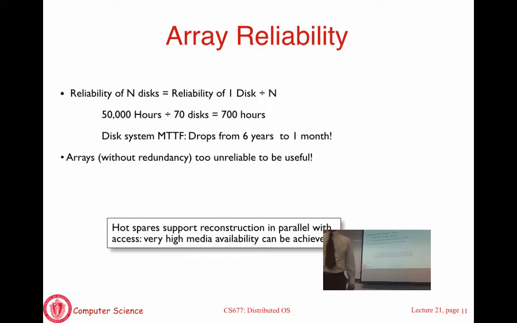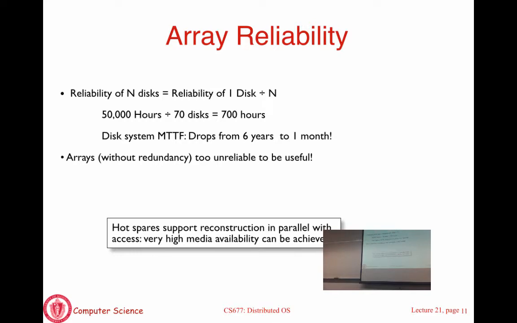Just to give you a little bit of sense of why this becomes important, if you look at some of the reliability figures for disks and try to do some calculations, you'll see that there is a problem. Here 50,000 hours is a typical lifetime of a disk, which is several years. If you buy a disk, you expect that on average it's going to last several years and it's going to die eventually.